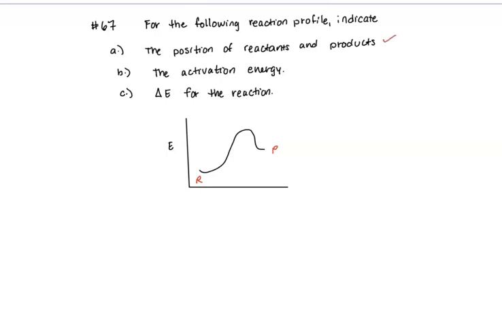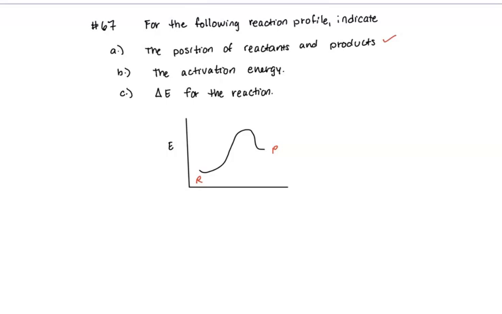Now, activation energy is essentially going to be the energy that's required for the reaction to take place. In this case, we have our reactants and we have our products, right?